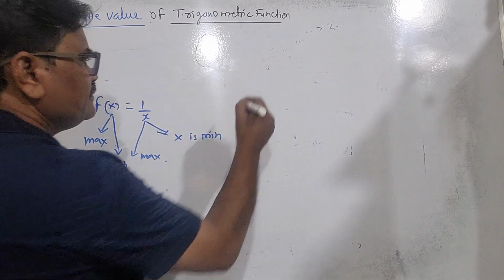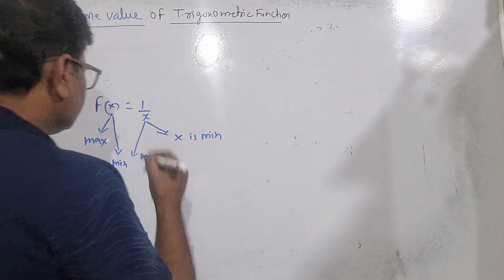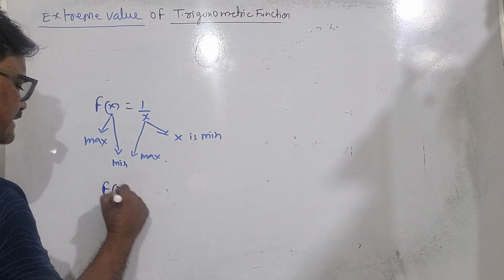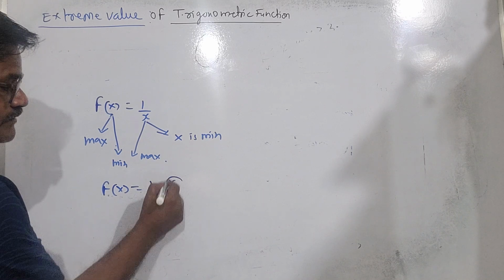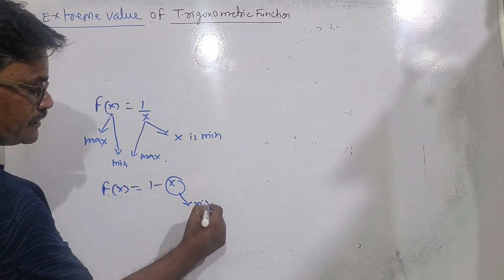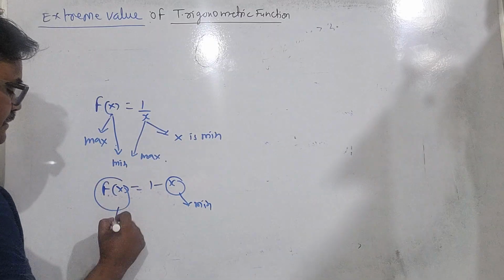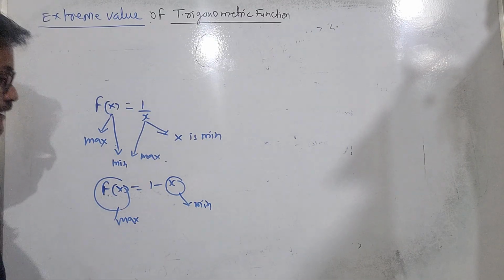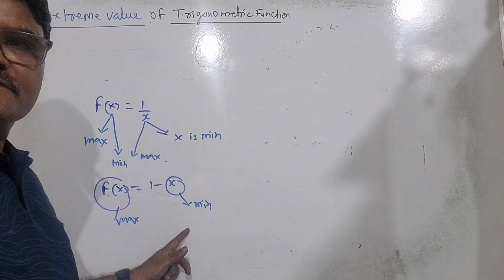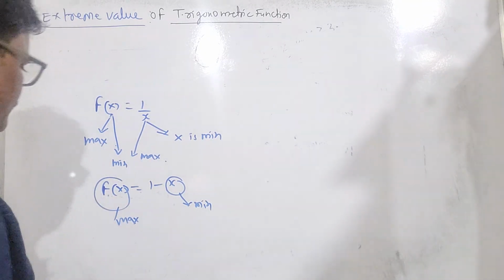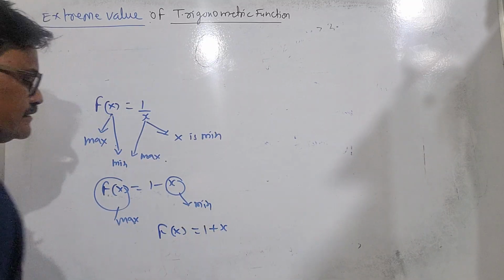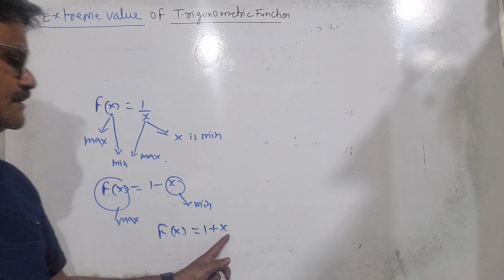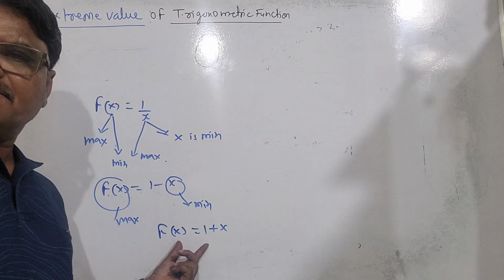So example, and also one more concept, f(x) equal to 1 minus x. When x is minimum, this will be maximum, and if x is maximum, then it will be minimum. But if f(x) equal to 1 plus x, the expression is like that, then if x is maximum, automatically f(x) will be maximum.